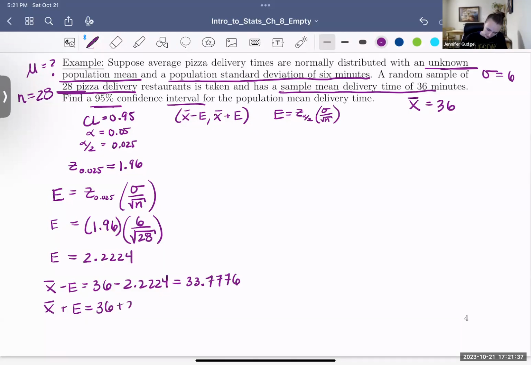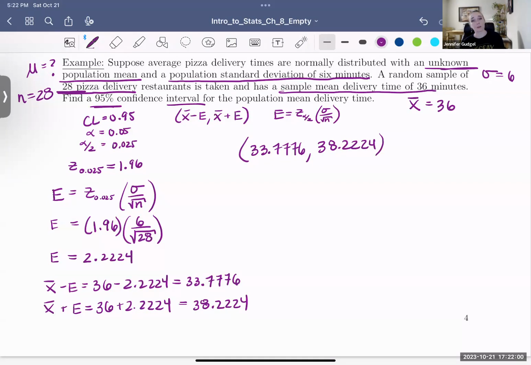If I add 2.2224 to 36, I get 38.2224. So my confidence interval is 33.7776, comma, 38.2224.